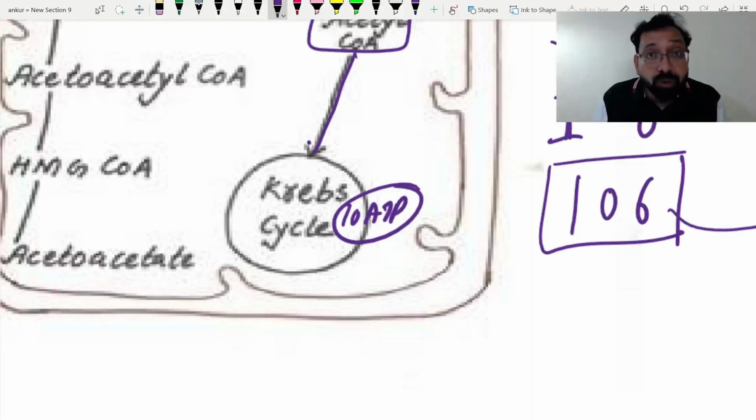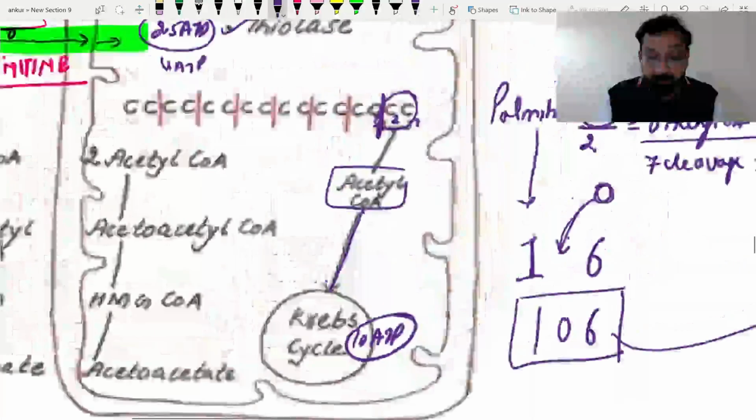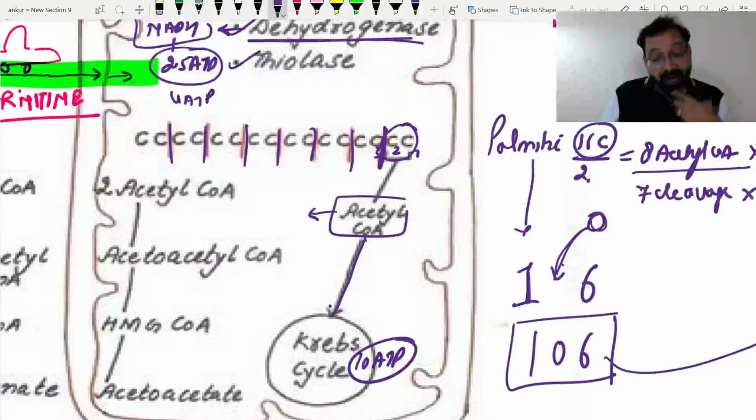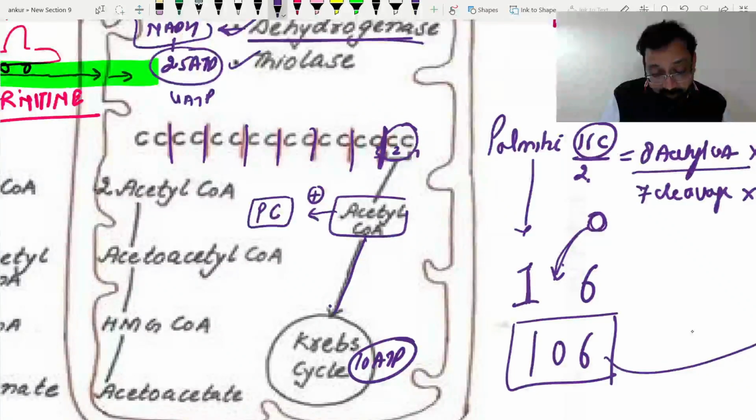If I don't synthesize glucose, the brain will die, because even in starvation, the brain prefers to utilize glucose. So the liver cell will take one more palmitic acid, cut, 7 cleavages, 8 acetyl coenzyme. All these acetyl coenzyme will activate pyruvate carboxylase, which is the rate limiting enzyme.